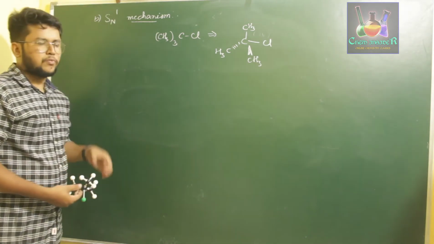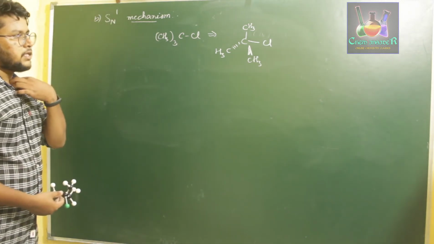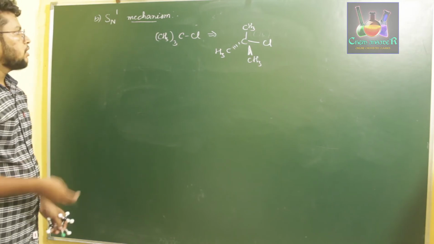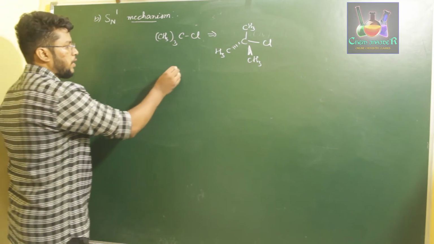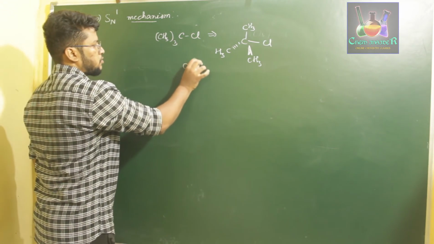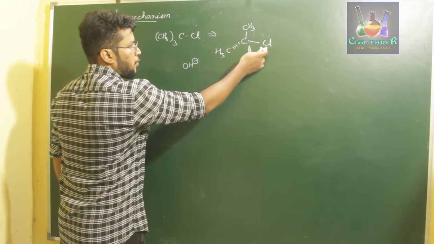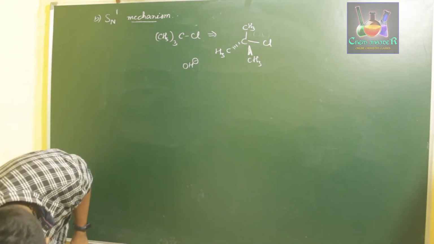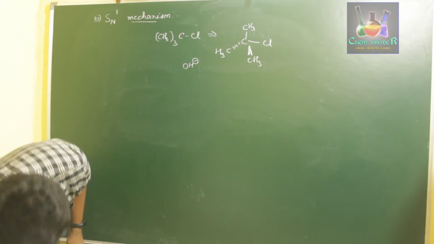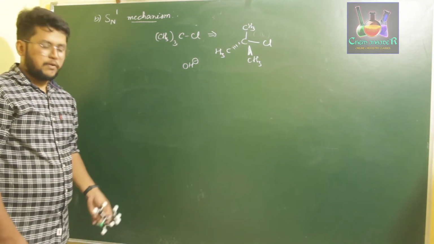In this compound, when we subject tertiary butyl chloride to nucleophilic substitution, the OH minus ion is supposed to attack the carbon from the side opposite to the chlorine. As I said, the OH minus ion should attack the carbon from the opposite side to the leaving group.